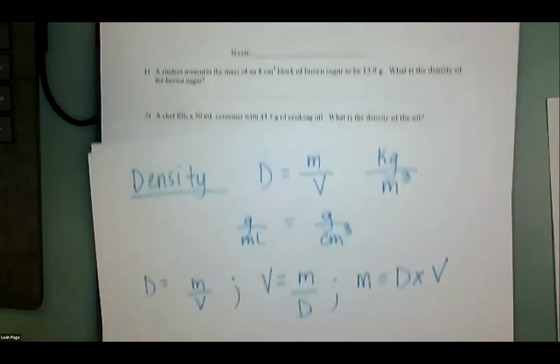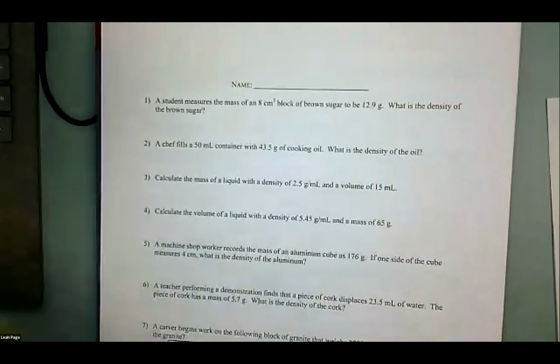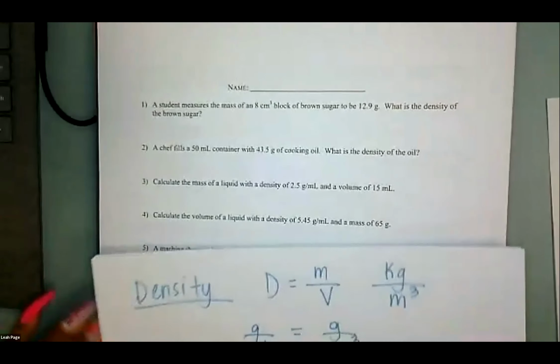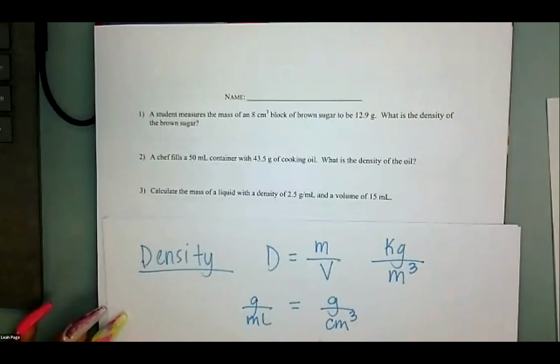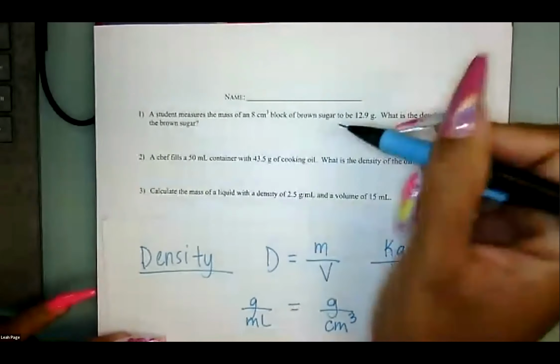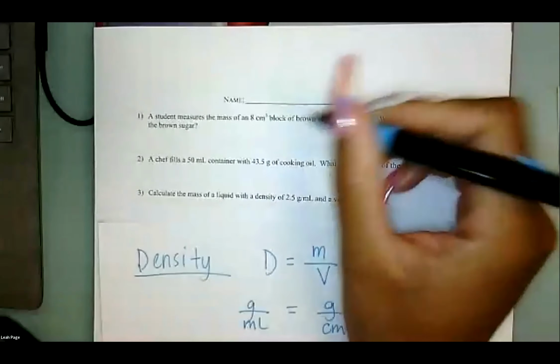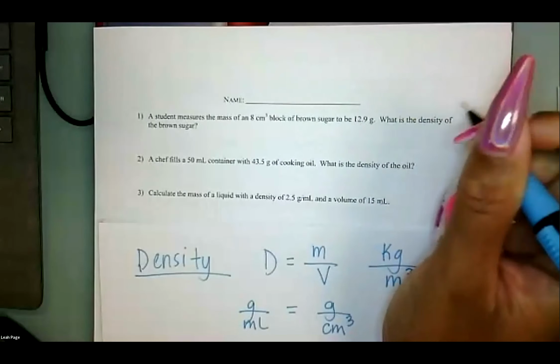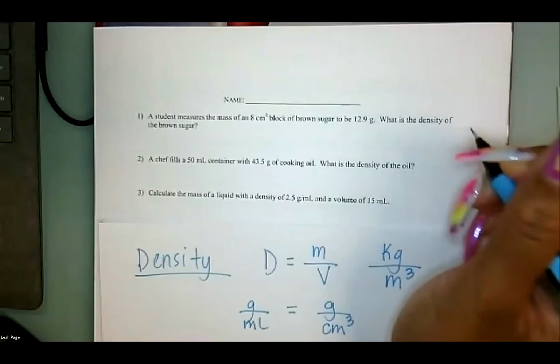In general, let's pull up this density worksheet and go over these first couple of questions together. Can you see my density worksheet okay? Let's pull out our calculators. The first question says, a student measures the mass of an 8 centimeter cube block of brown sugar to be 12.9 grams.